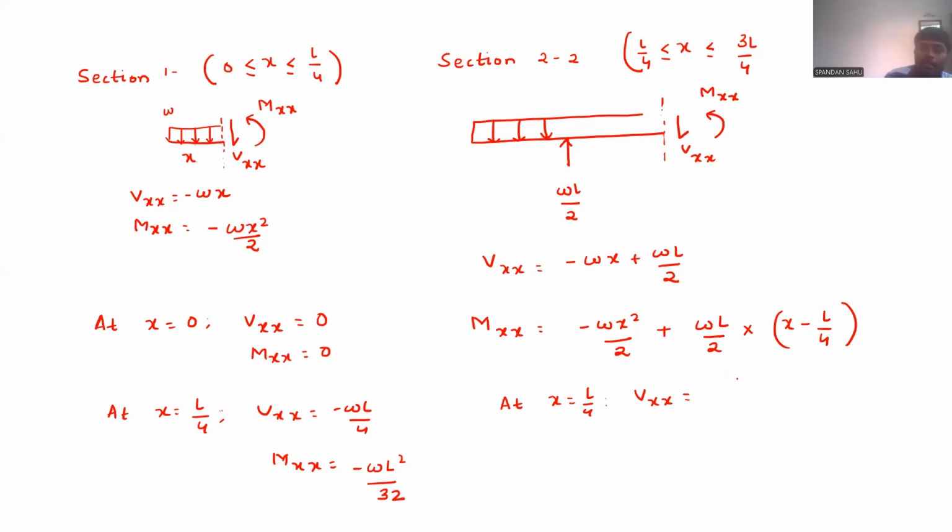You will be getting WL by 4. Everyone is getting this. And if you substitute in MXX, what will you be getting? You will be getting a big equation, so simplify it carefully. So minus W into L by 4 whole square.